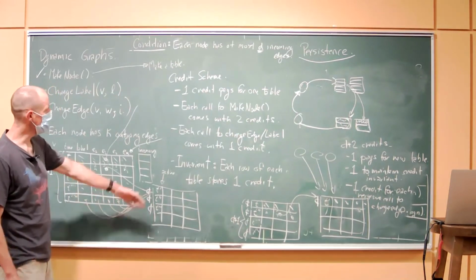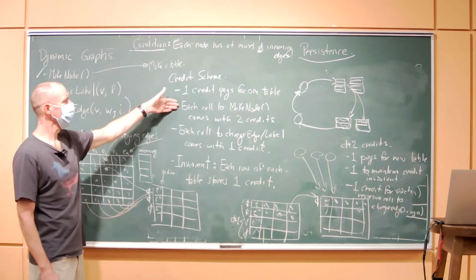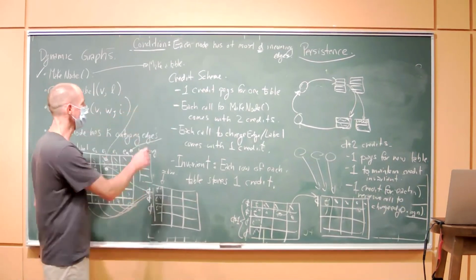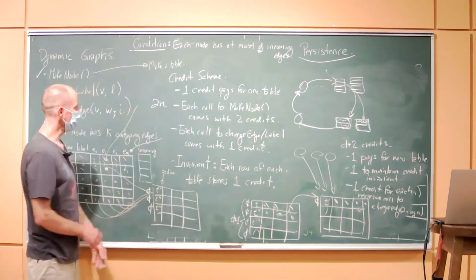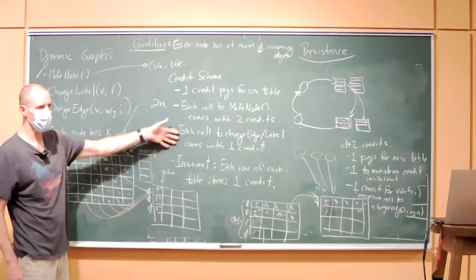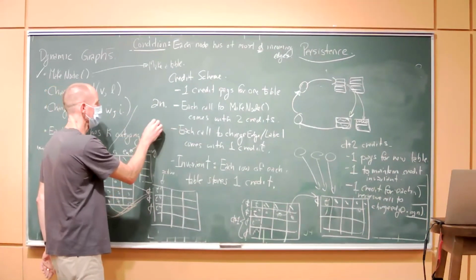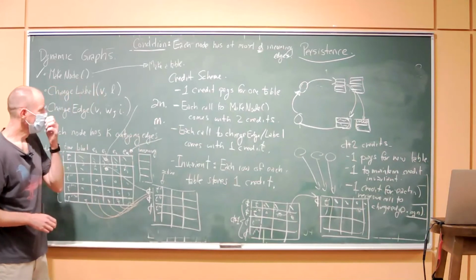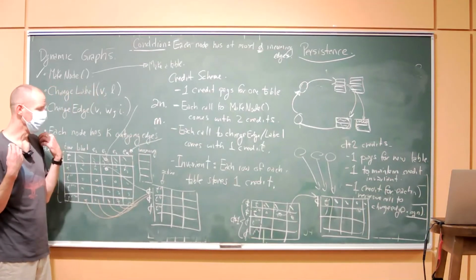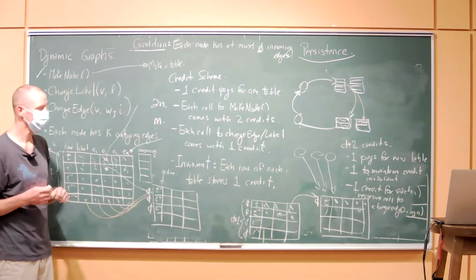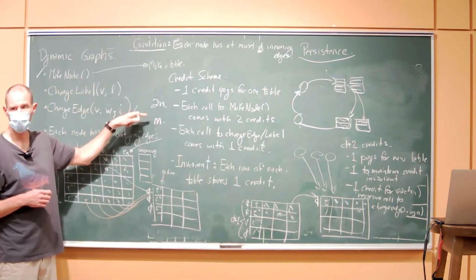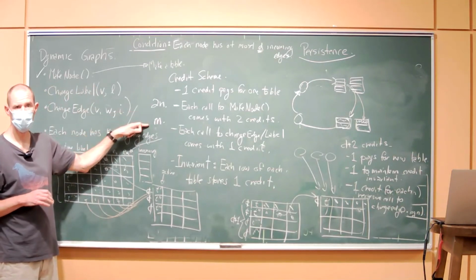If the user makes n calls to make node, that means they gave us 2n credits. Then if they do m calls to change edge or change label, they gave us an additional m credits. In total, we pay for everything that we make, therefore we never make more than 2n plus m tables.